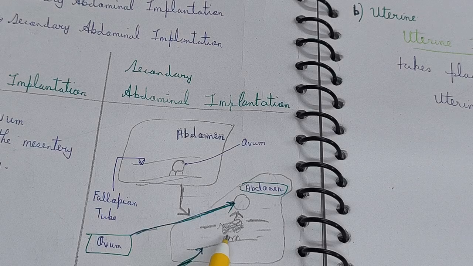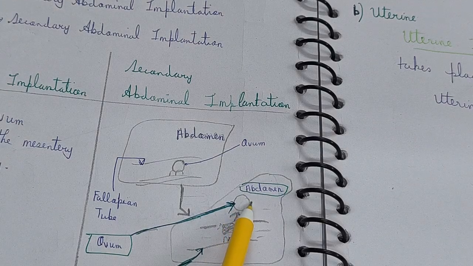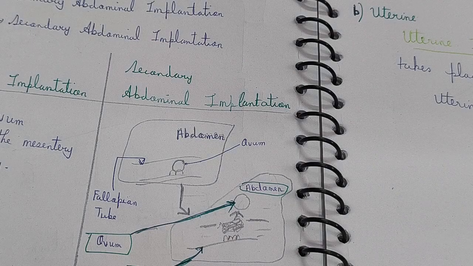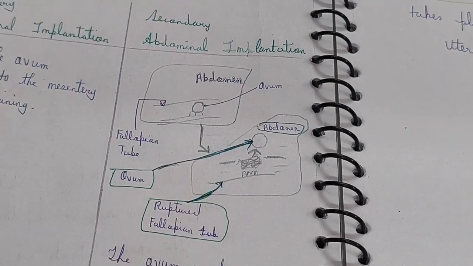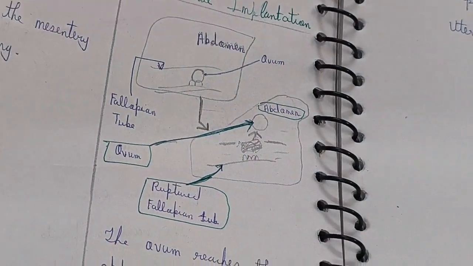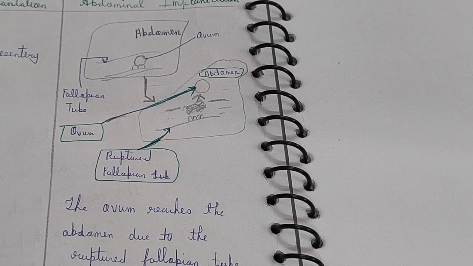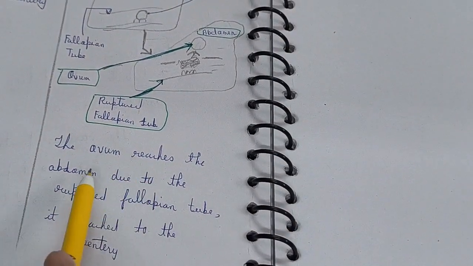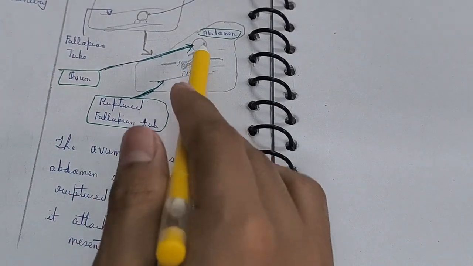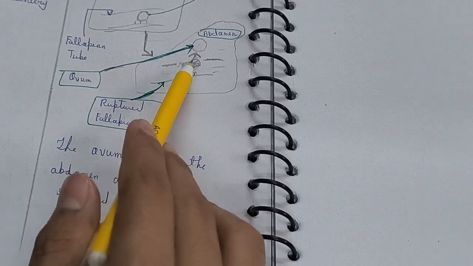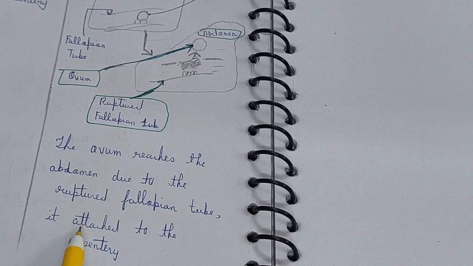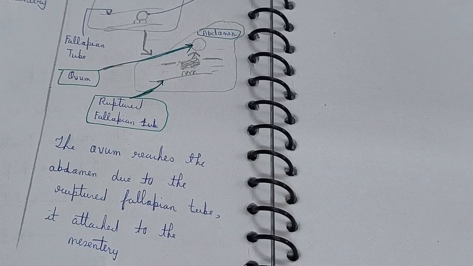As a result, the fertilized ovum goes into the abdomen and attaches to the mesentery of the abdomen, and then secondary abdominal implantation occurs. So the ovum reaches the abdomen due to the ruptured fallopian tube, and then it is attached to the mesentery. That's all about the secondary abdominal implantation.